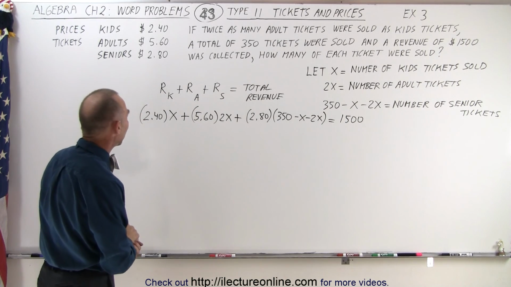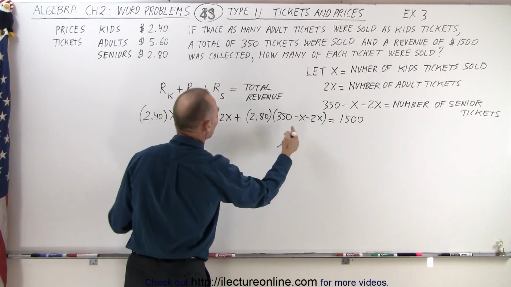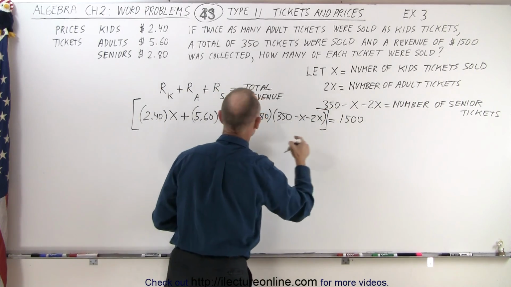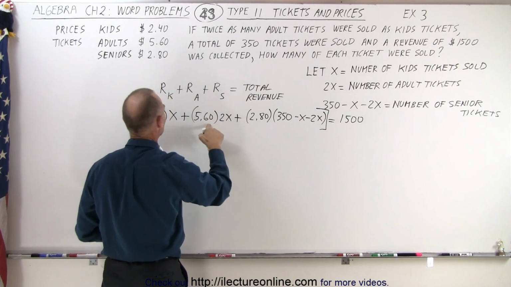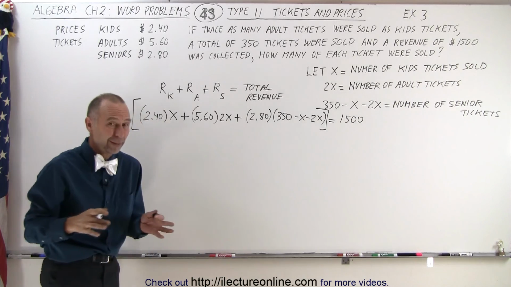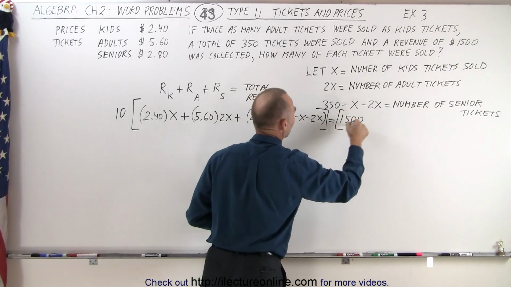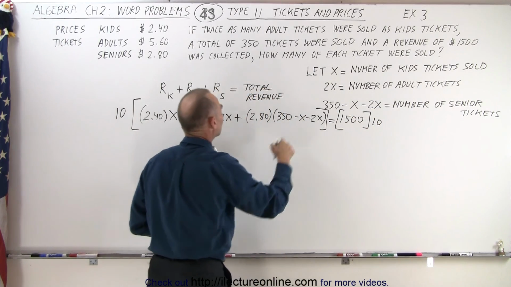So let's go ahead and simplify. First, we want to get rid of the decimal. We can do that by multiplying both sides by 10. We don't have to do it by 100 because it's 0.80, 0.60, 0.40. So multiplying by 10 will get rid of the decimal. Of course, we need to do that to both sides. And we can also combine what's inside the parentheses here.